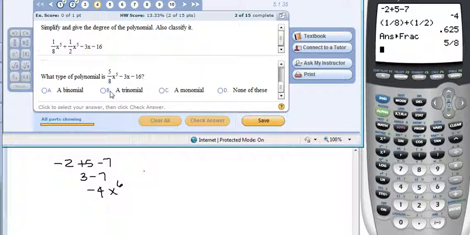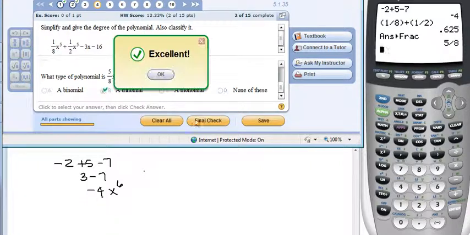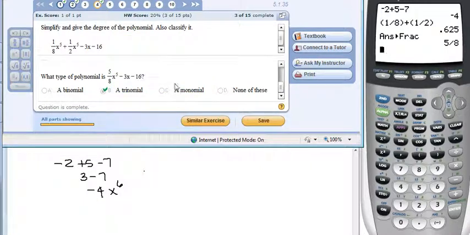Binomials are 2 terms. Trinomials are 3 terms. Monomials are 1 term, and none of these are none of these. So this is a 1, 2, 3 termed polynomial with a 5th degree and a leading coefficient of 5/8. It's just terminology right now. Okay? The leading coefficient is the number in front of the highest powered term.